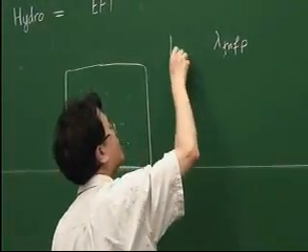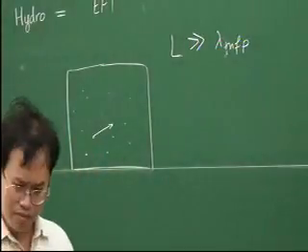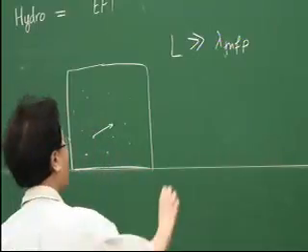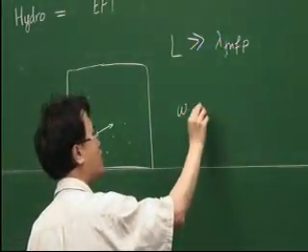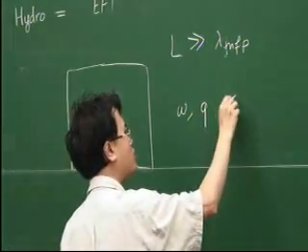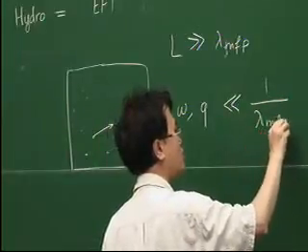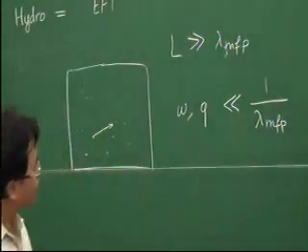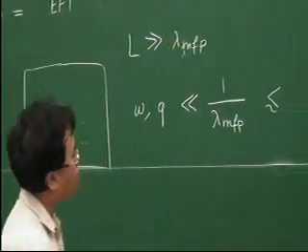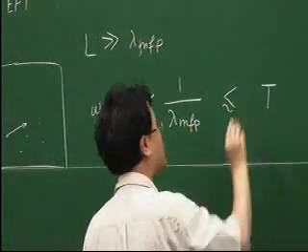And we are looking at distance scales much bigger than the mean free path. Usually, that means that in terms of energy, the frequency and momentum have to be much smaller than the inverse of this mean free path. Typically, this one is always less than, or at least of the same order of magnitude as, the temperature.